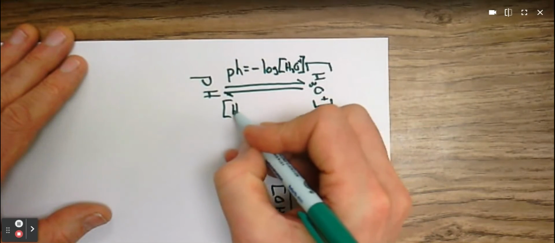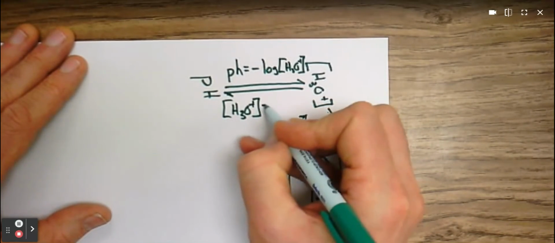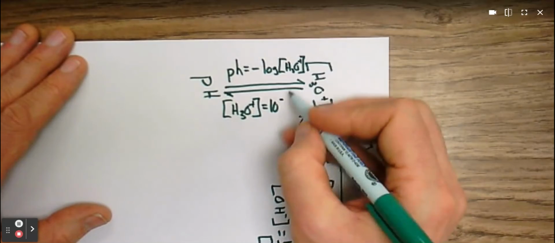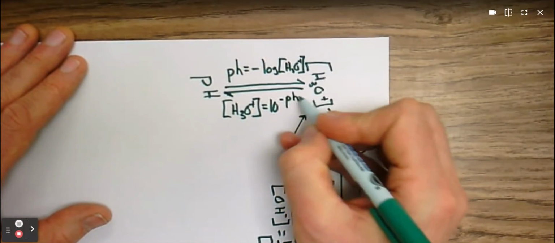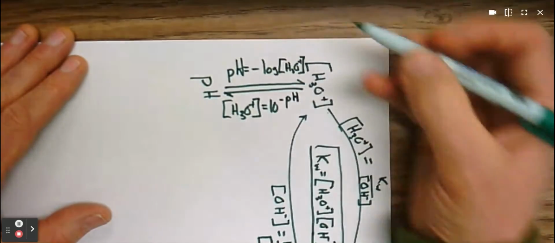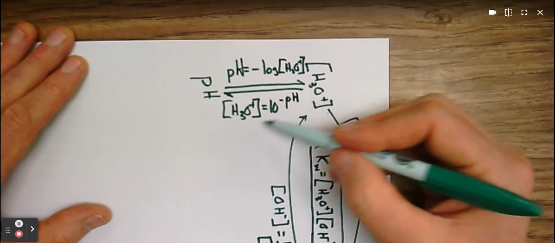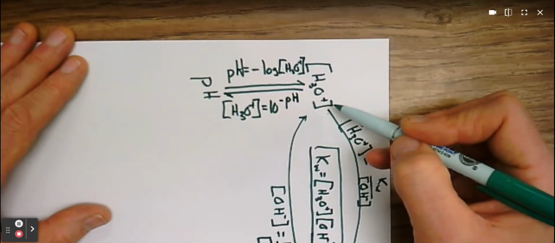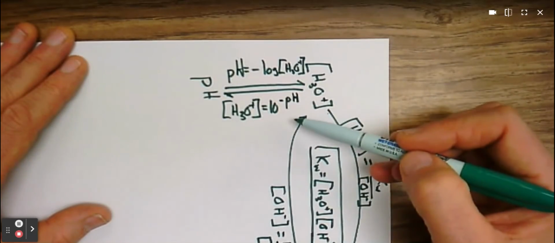And your concentration of H3O plus is equal to 10 to the negative pH. All right, and this should be a capital H. So if I know the concentration of hydronium, I can figure out my pH and vice versa.